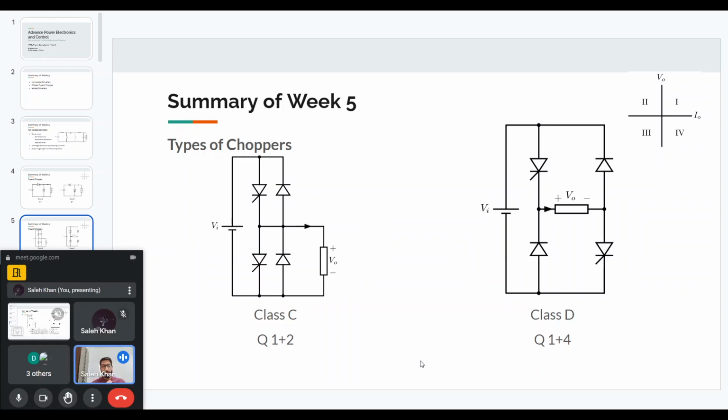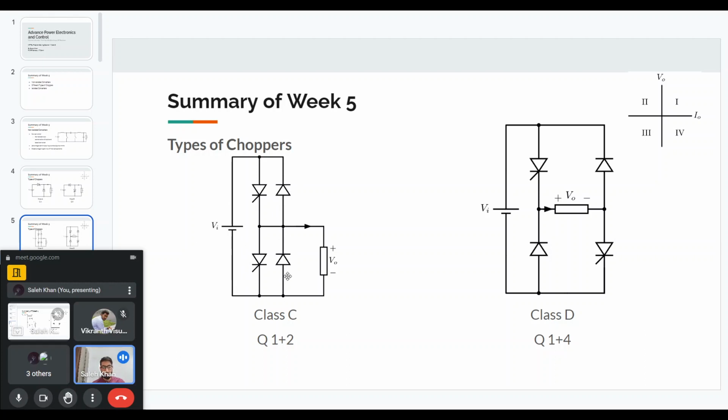A class C chopper can be thought of as a combination of both class A and class B. The top left thyristor and bottom right diode are the components of the class A chopper, the buck chopper, and the bottom left thyristor and top right diode are the components of the class B chopper.